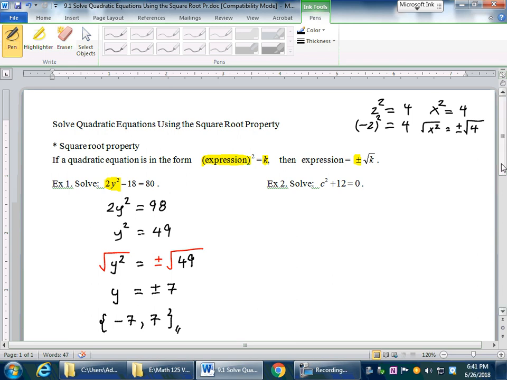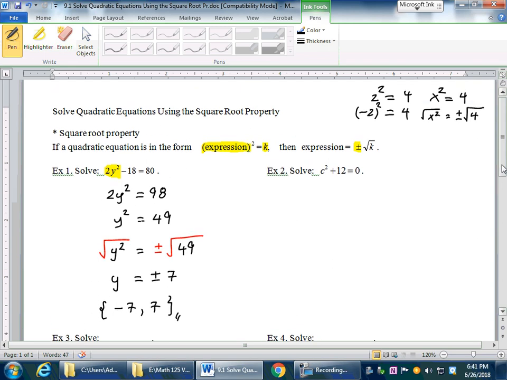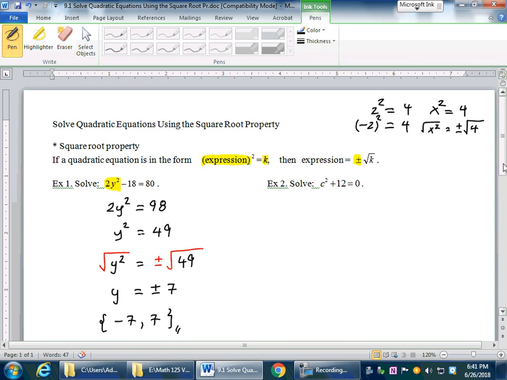Continuing on to the next example. Once again, when I isolate the square term by itself, I see I don't have any variable in the other terms on both sides of the equation. That tells me I can use the square root property.